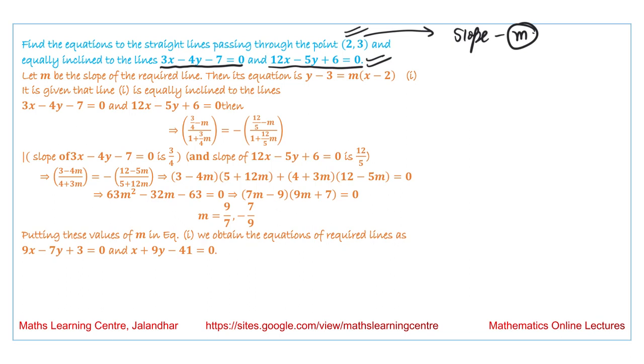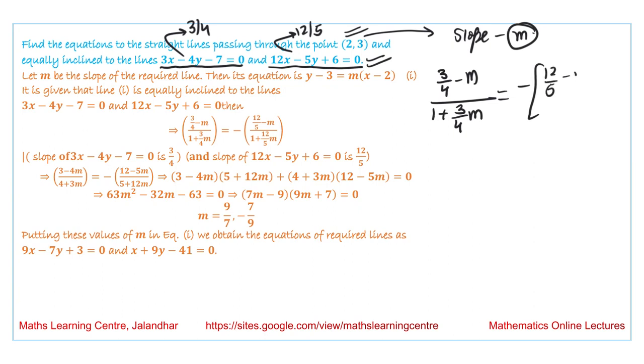Then it will satisfy the condition that 3 by 4 minus m, where 3 by 4 is the slope of this line, and the slope of the other line is 12 by 5, divided by 1 plus 3 by 4 m, is equal to, with a minus sign, 12 by 5 minus m over 1 plus 12 by 5 m.